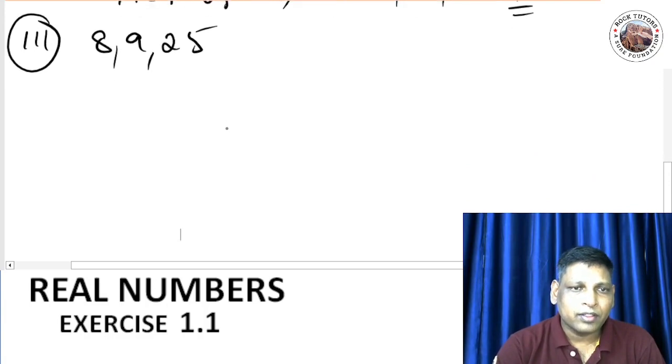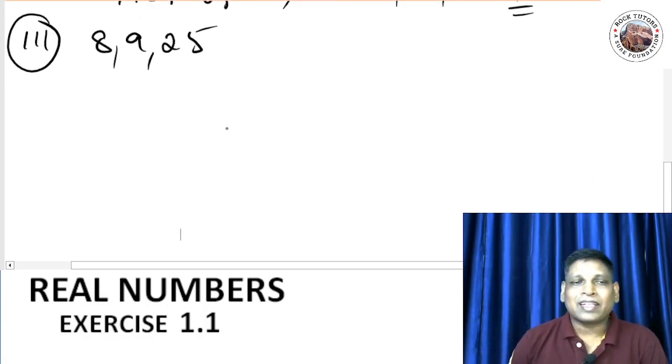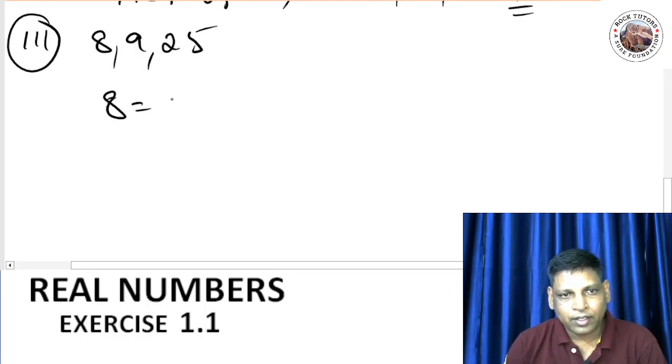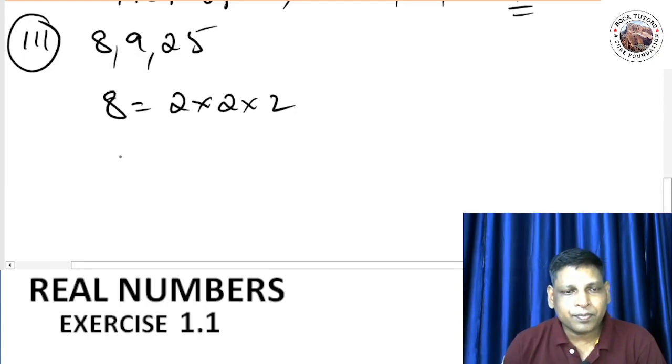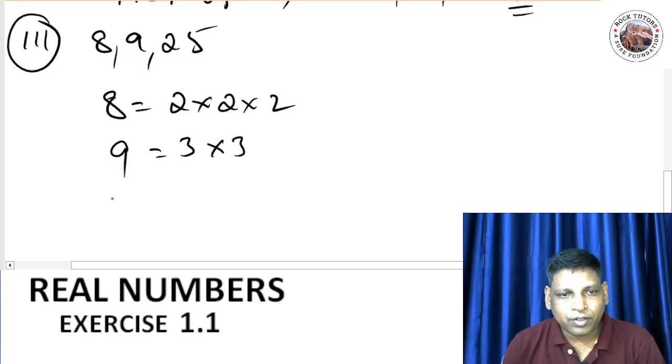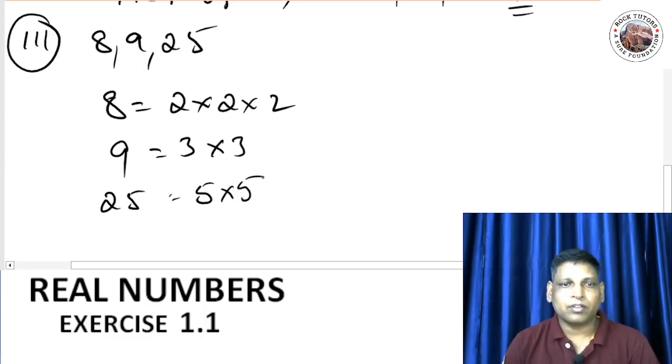We write all the prime factors. 8 is equal to 2 into 2 into 2. 9 is 3 into 3. For 25, I can write 5 into 5.